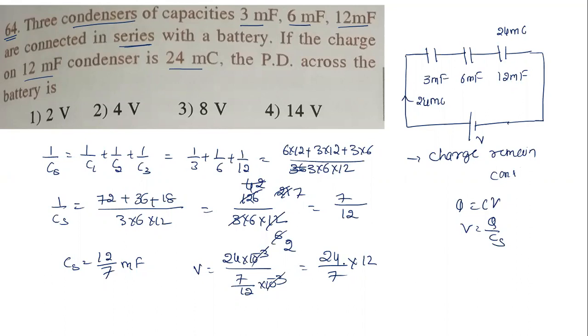Question number 64. Wait here, CS is 12 by 7, right? Yes, CS is 12 by 7, not 7 by 12.